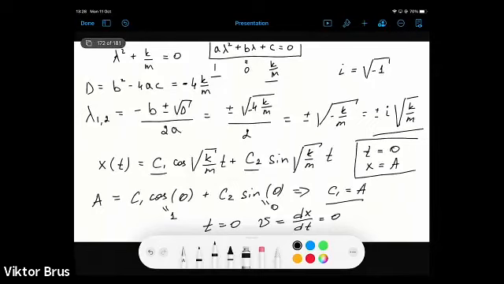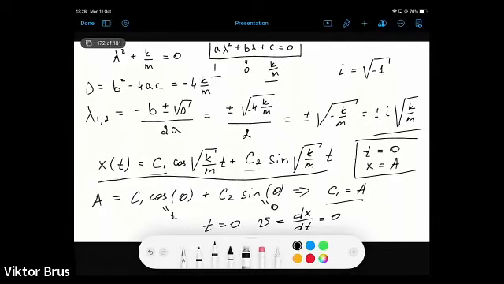So what we need to do now is take the derivative of this general form of the solution and set it to 0 at t equals 0. Then we will have a chance to get the value of the second constant C2.